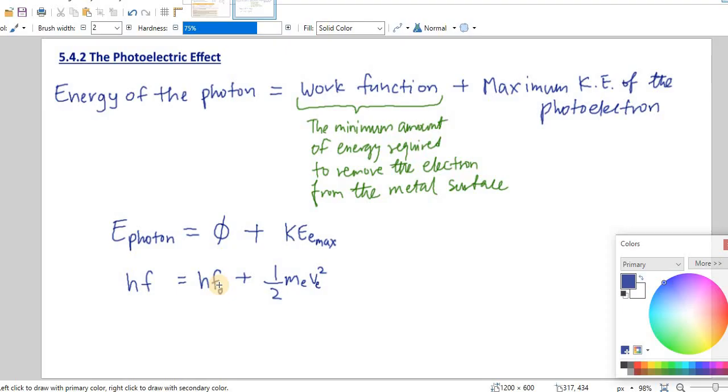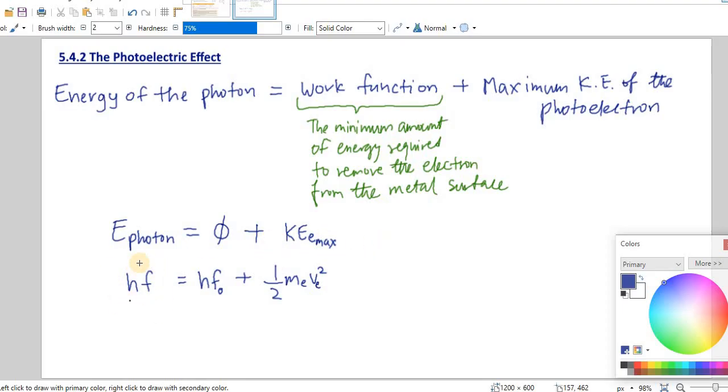Now if the energy of the photon is greater than the work function, which is the minimum amount of energy required to remove the electron from the metal surface, then there is a remaining amount of energy. Now what happens to this energy? It is still there in the electron, and that gives the kinetic energy to the electron to move it out of the metal surface, and then the electron is called a photoelectron. So you can see the law of conservation of energy is used here. Energy of the photon is equal to the work function plus the kinetic energy of the photoelectron.